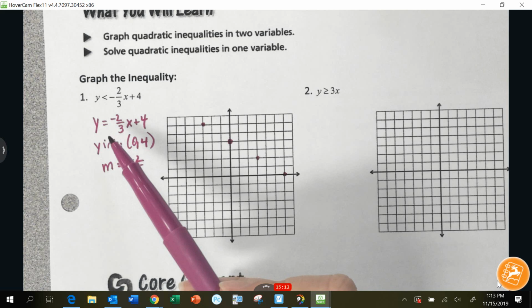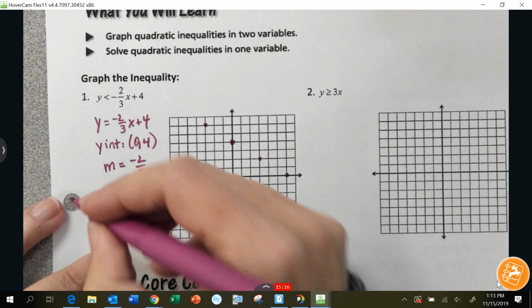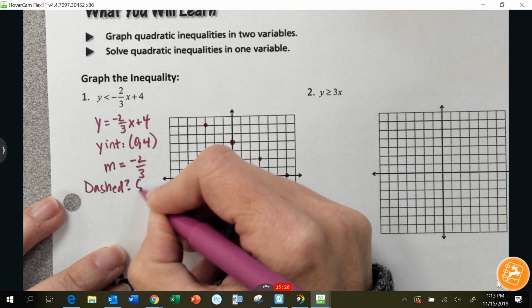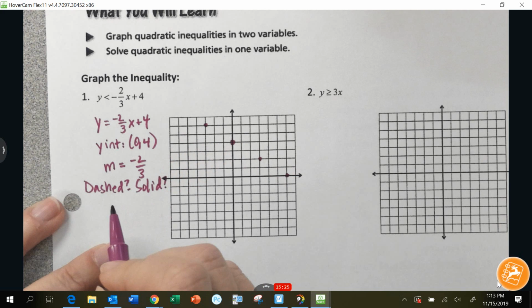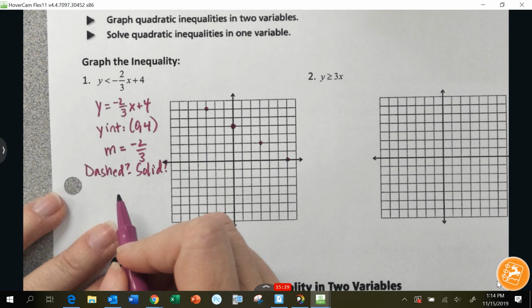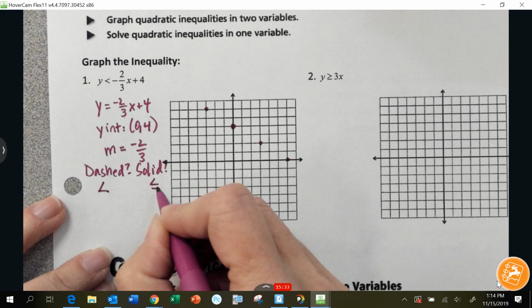Okay? So the next thing we have to do is figure out what kind of line it is. Is it dashed or solid? So why is it dashed? Hannah? Why? It's just less than. Less than or equal to would be a solid line.